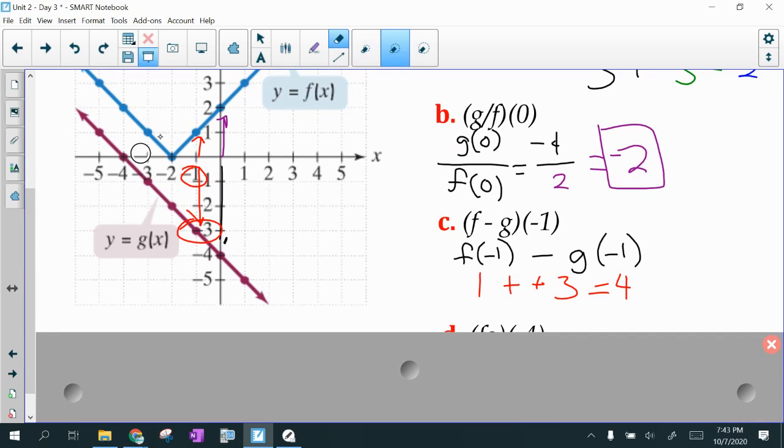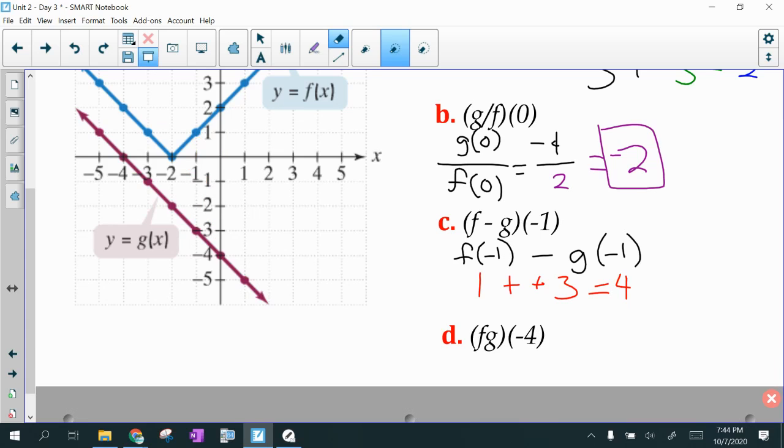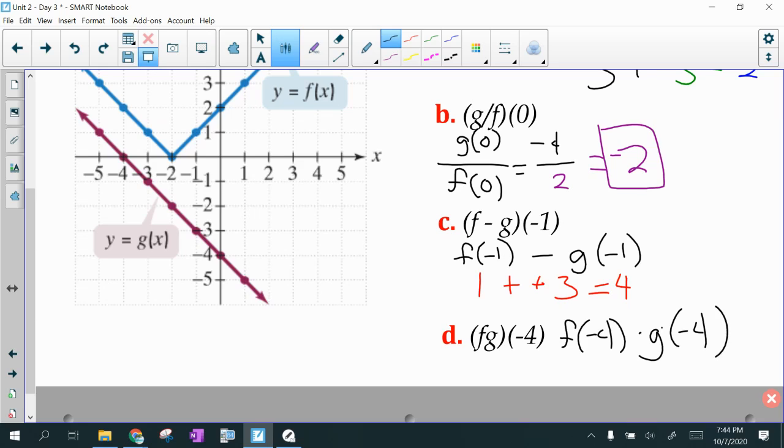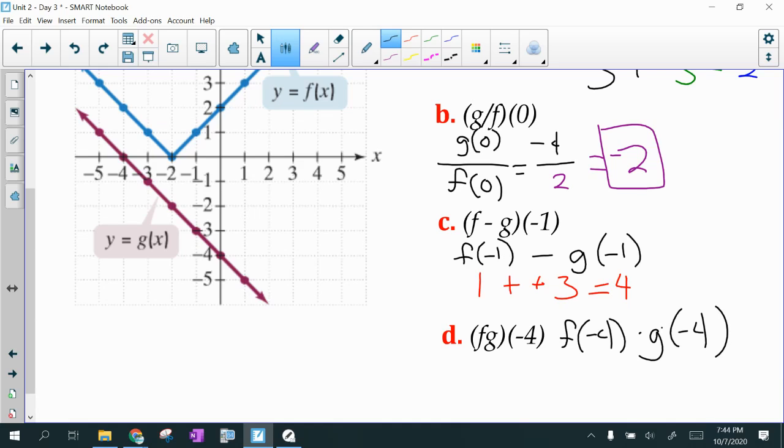Okay, we'll take a crack at one more here, and we're going to say f times g of negative 4. All right, so that will get me f of negative 4 times g of negative 4. And all I need to do is figure out what my f of negative 4 is.